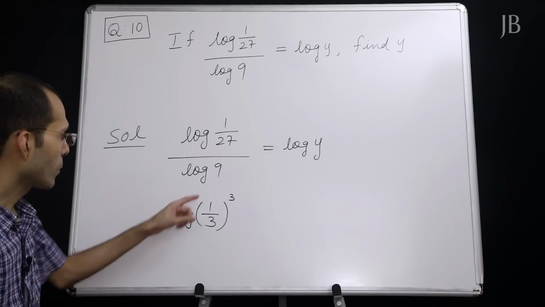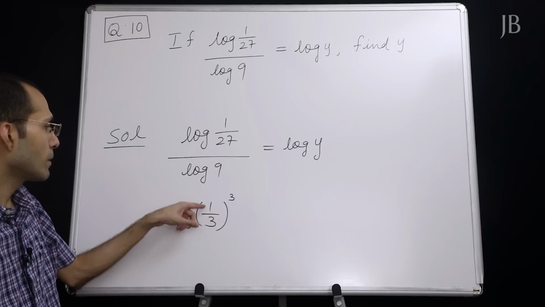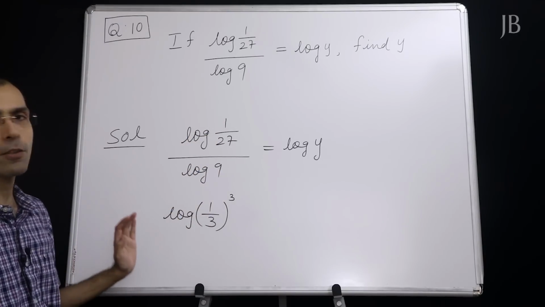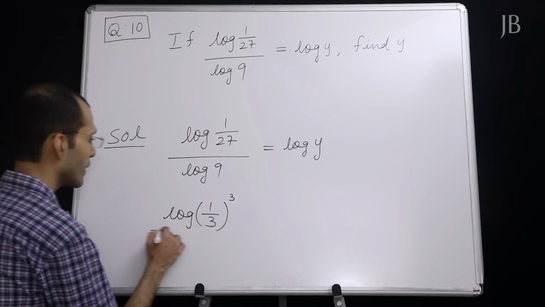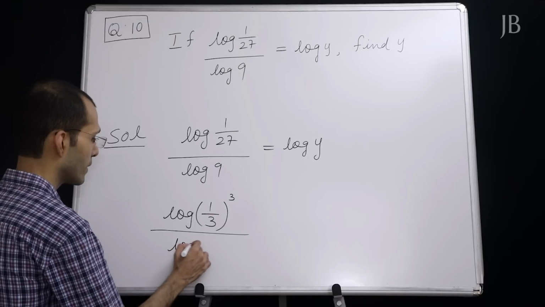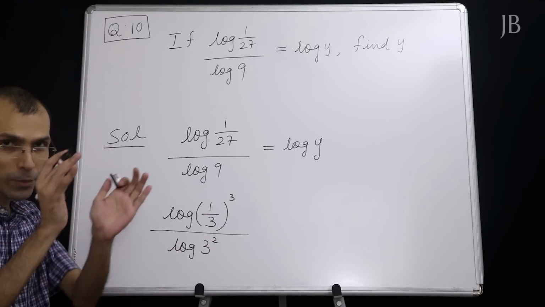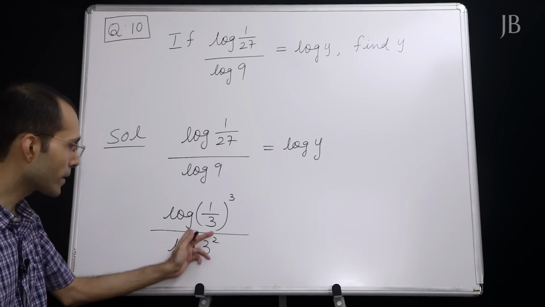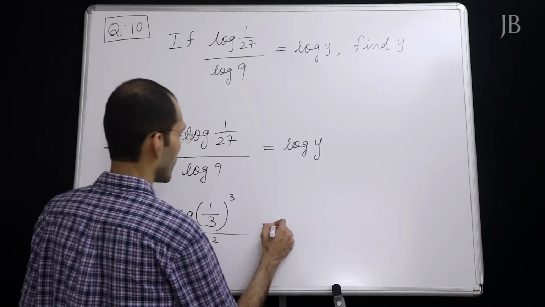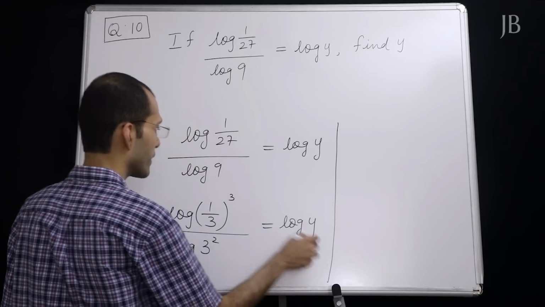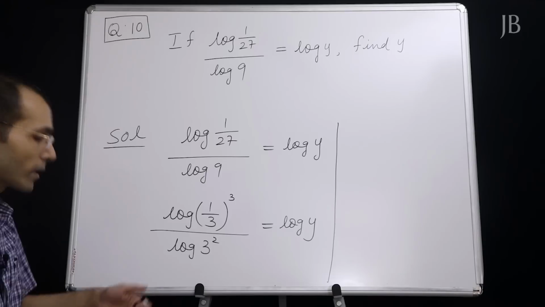Nothing wrong. 1 by 3 cube will be 1 by 3 into 1 by 3 into 1 by 3, that is 1 by 27, and this is log. And this can be written as log 3 square. Not log 3 the whole square, log 3 square. This is equal to log y. That is important, you have to write because it is already given as equal.